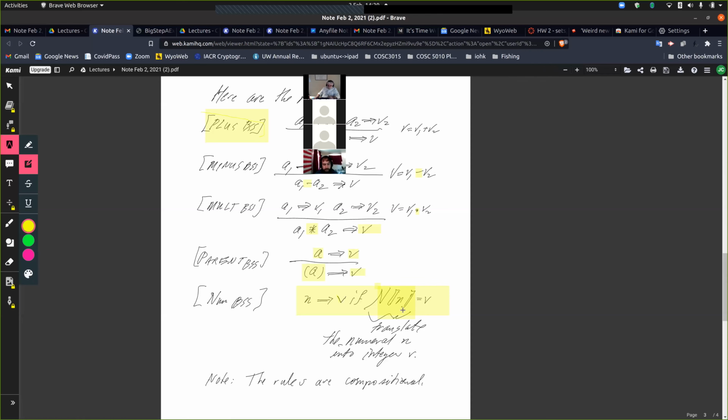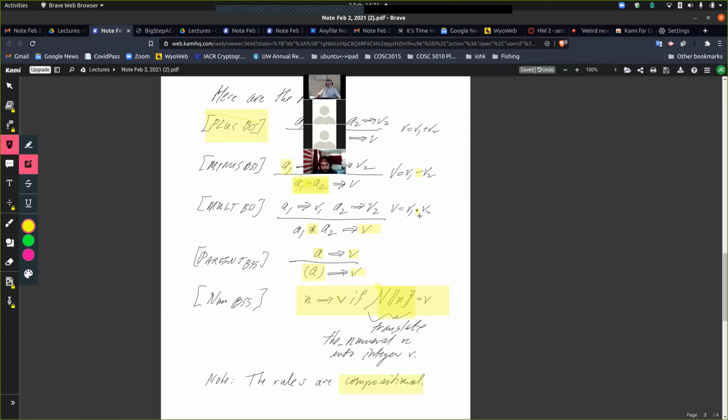Now, one of the things that's going on here is that these rules are compositional. You're figuring out the meaning of this more complex term by decomposing it: get the left subterm A1 and the right subterm A2, figure out the meaning of those, and then combine them to get the meaning of the composition of those two things.